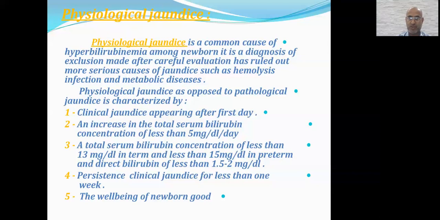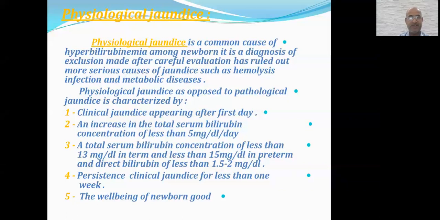Physiological jaundice should disappear after the first week of life. And the most important criterion for physiological jaundice is that the well-being of the newborn is good, all the time: good feeding and good activity. So these are the criteria of physiological jaundice.